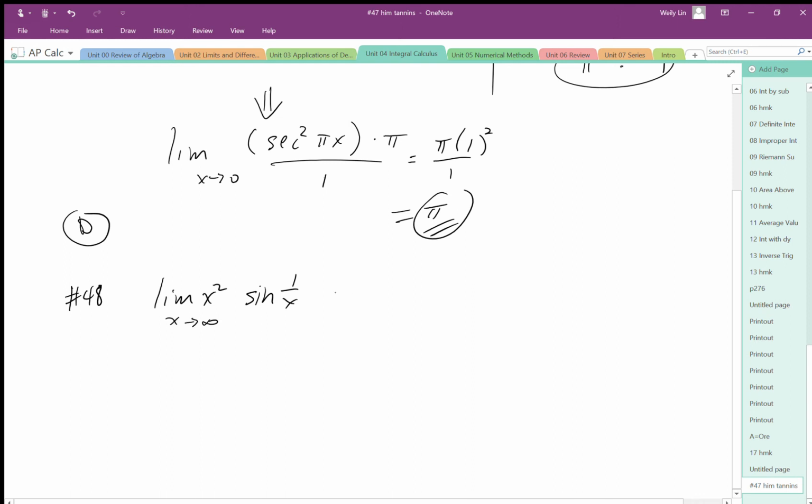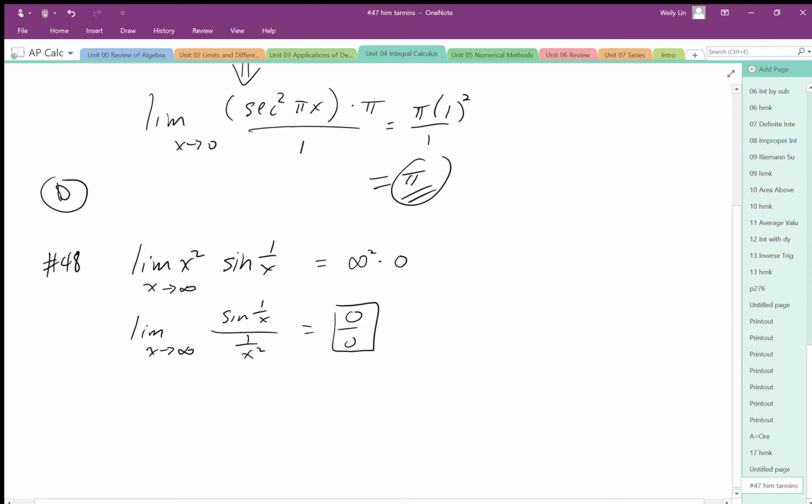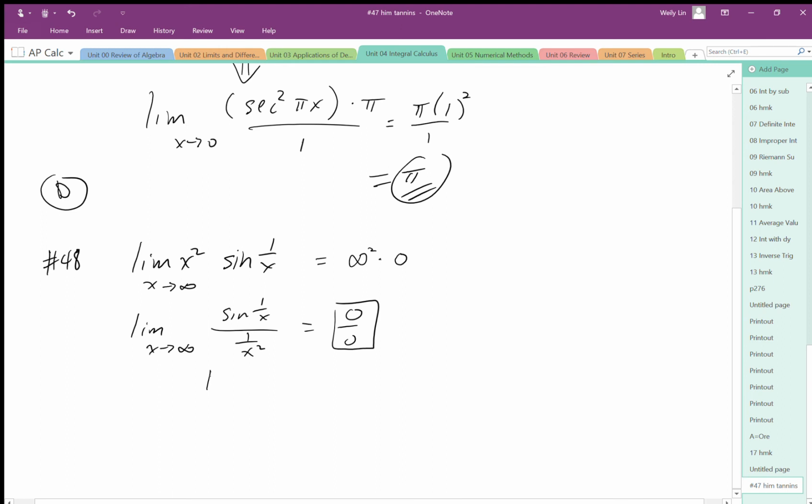When I work this out, this is sine of 0, so we end up with infinity squared times 0. So I'm going to rewrite this as a limit as x goes to infinity of sine 1 over x. There's our 0, and in the denominator, we're going to get 1 over x squared. Now we have our 0 over 0 condition. I'm going to apply L'Hopital's.